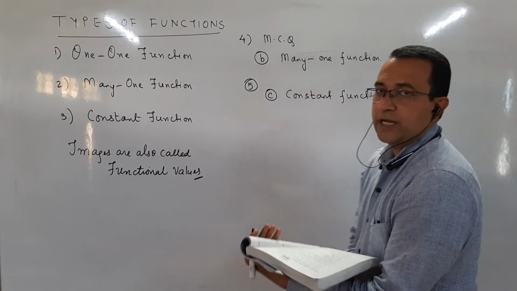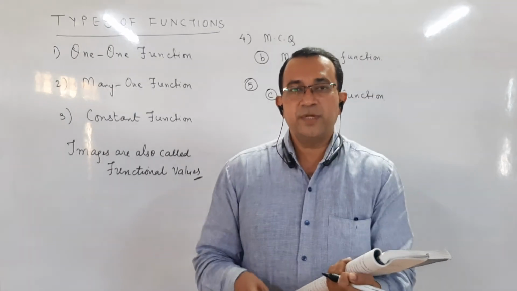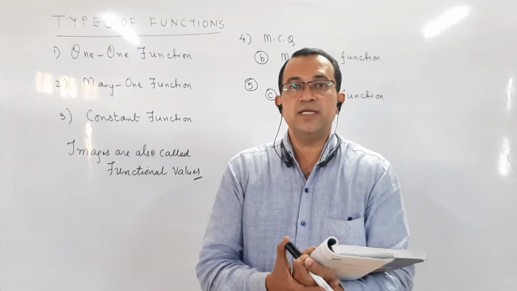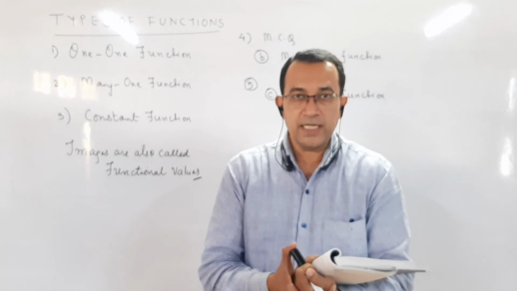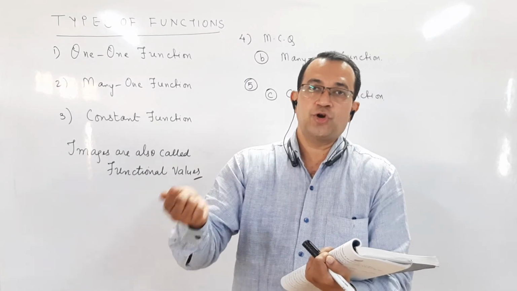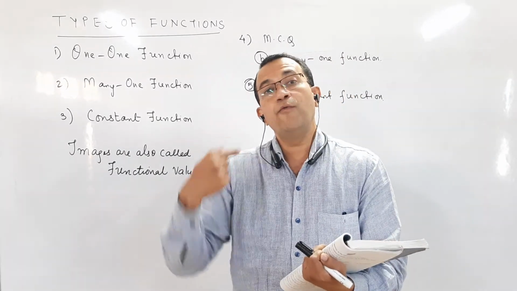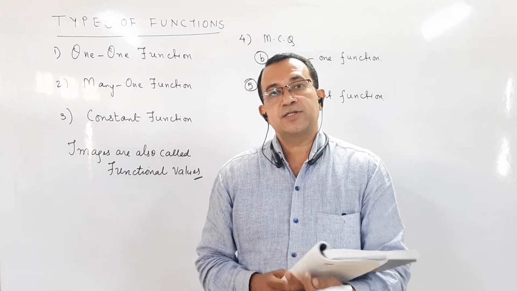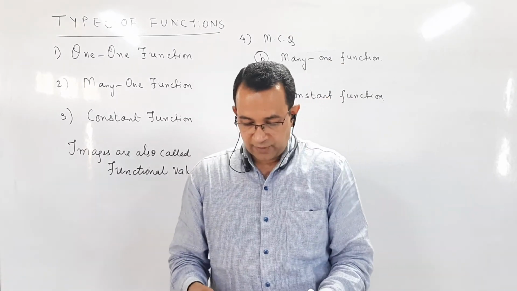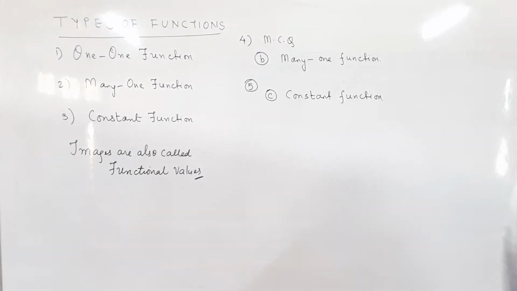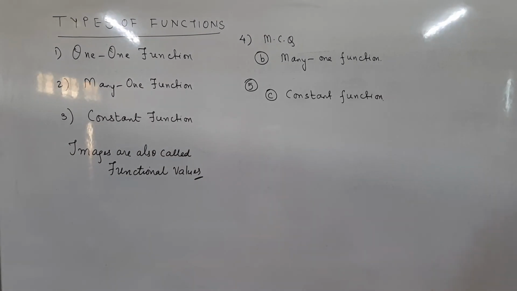According to definition, if every element of domain has same image or functional value, then such a function is called a constant function. So as per the option, the correct option is option C.